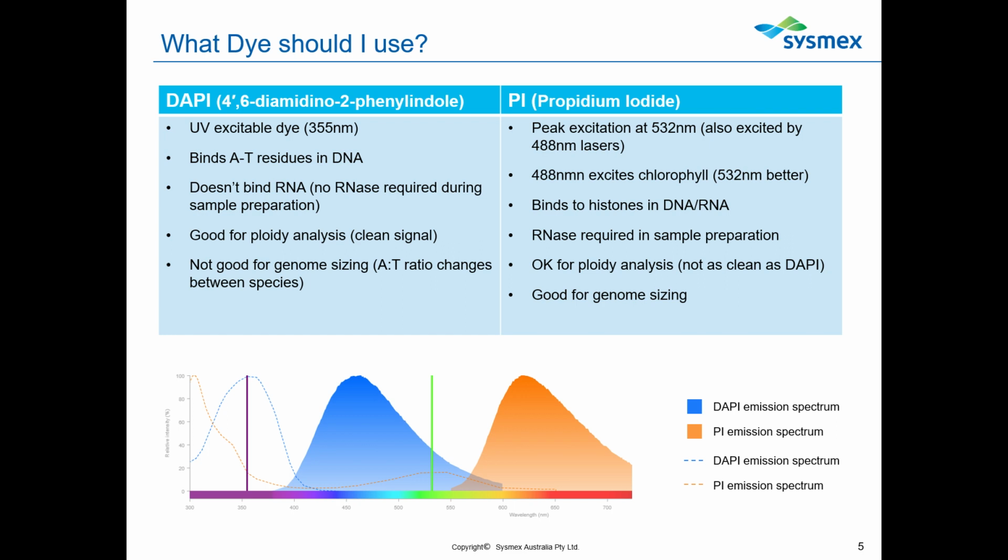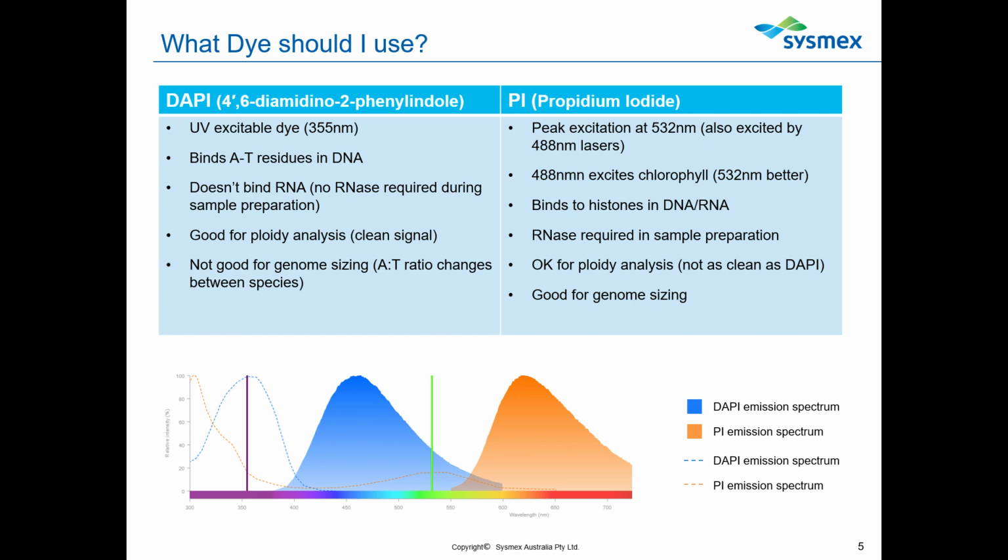PI, unlike DAPI, binds to the DNA and RNA regardless of base composition, so it's a very good measure for genome sizing. It can be used for Ploidy analysis, although not as clean as DAPI because we have to add RNase into the mix.